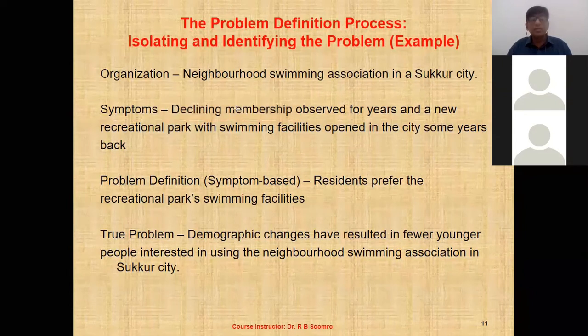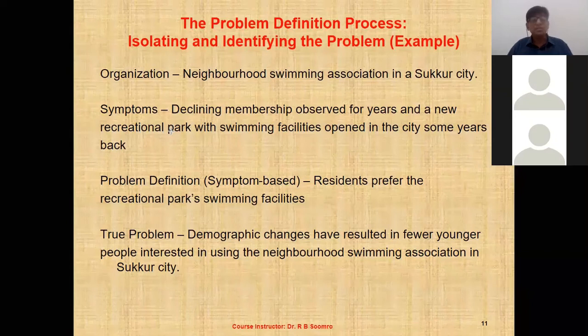This is the symptom, and its reason is that new recreational park facilities have started in Sakhar city, so most people prefer to go over there. Your organization is just offering swimming facilities, but an amusement park or recreational park opened in Sakhar city 1 or 2 years ago.